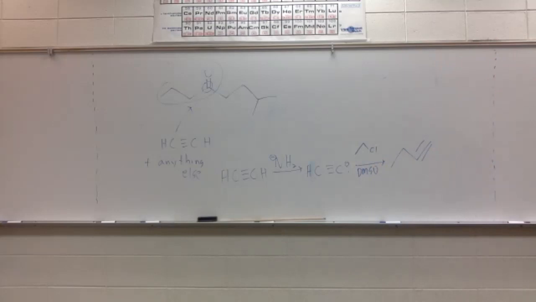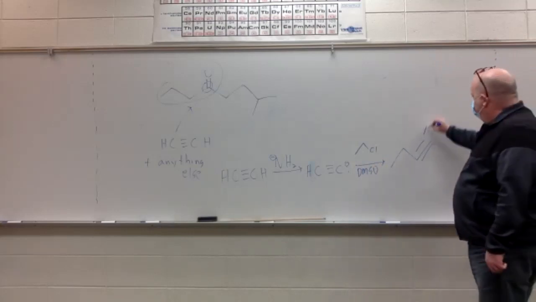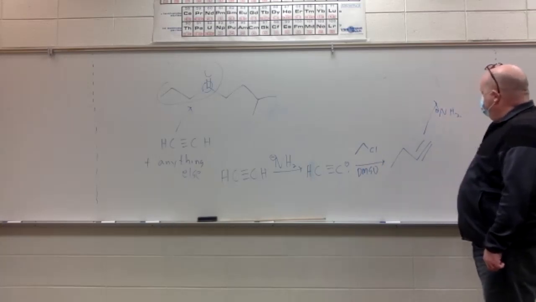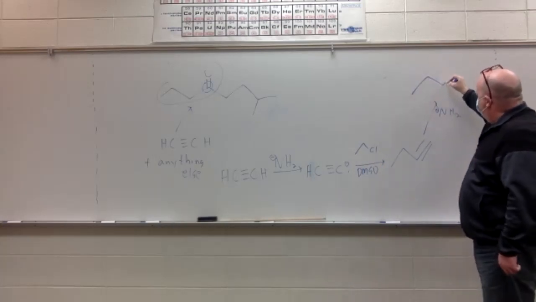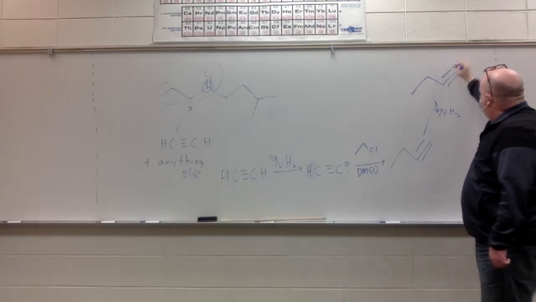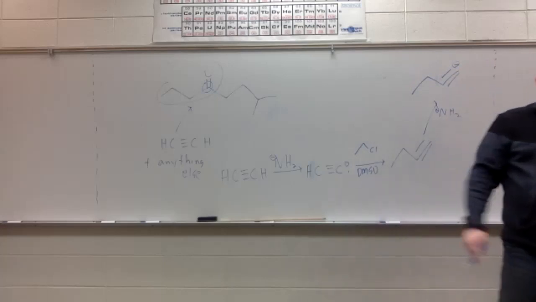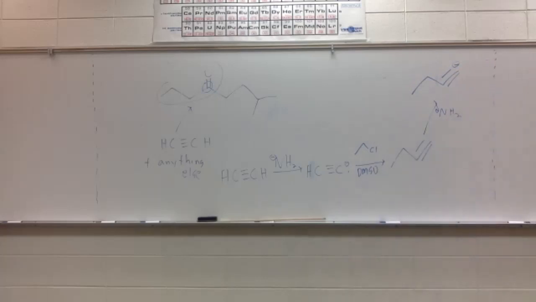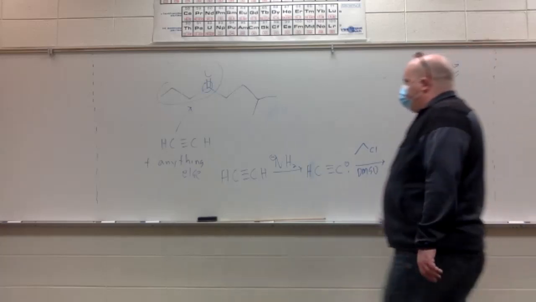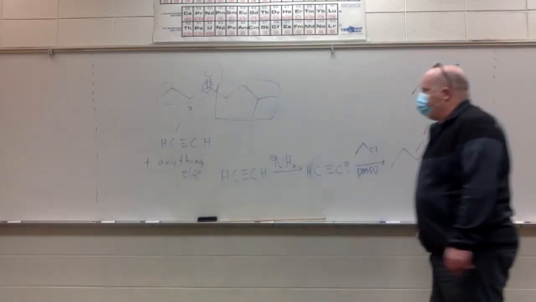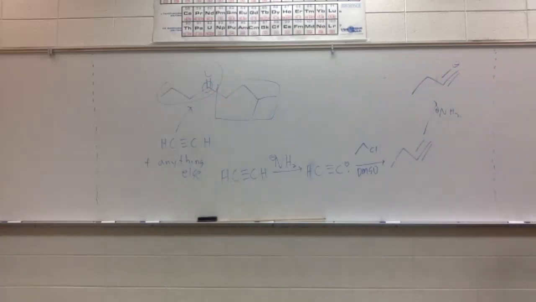Let's go ahead and add some more carbons. If we do this, again, to make another acetylide, we can extend our carbon chain again. And there's no limit to the number of carbons you could add at once. We could, in fact, go ahead and add this big old chain over here. And we will.